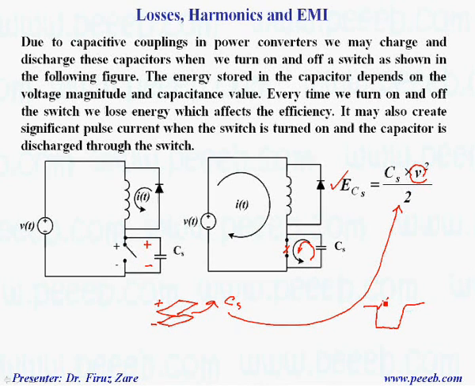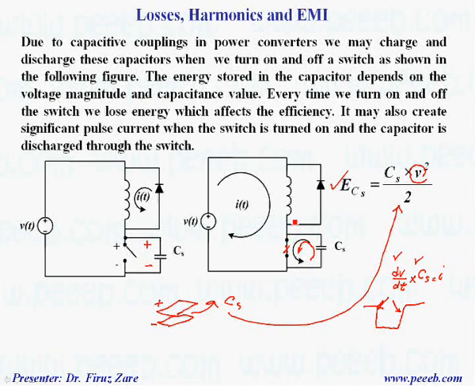So that means we have different dv/dt here, times stray capacitance gives current. So the current depends on dv/dt and stray capacitance. So if this stray capacitance is significant, then we have a significant current through the switch which may damage the switch.